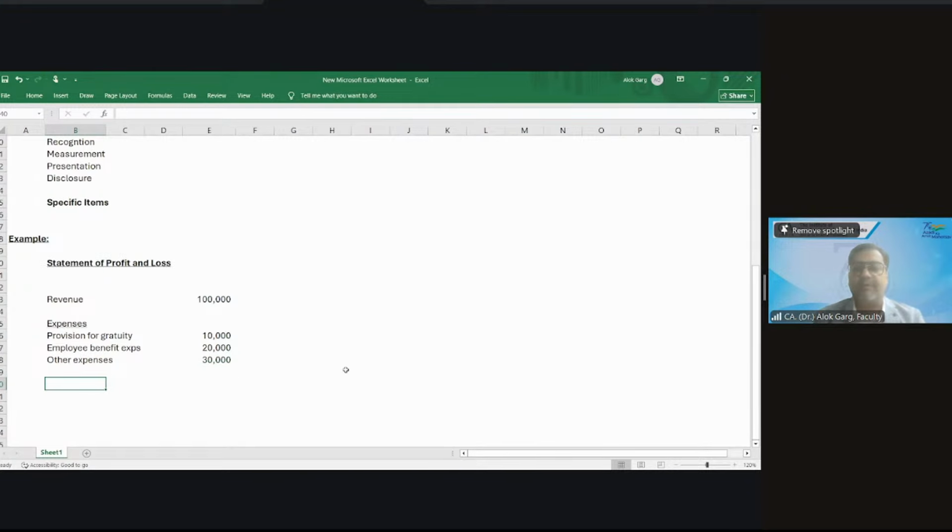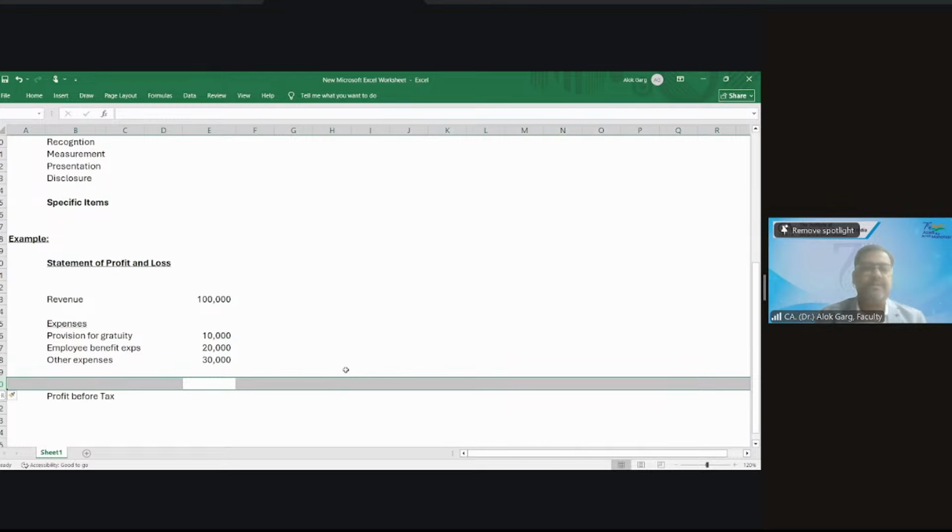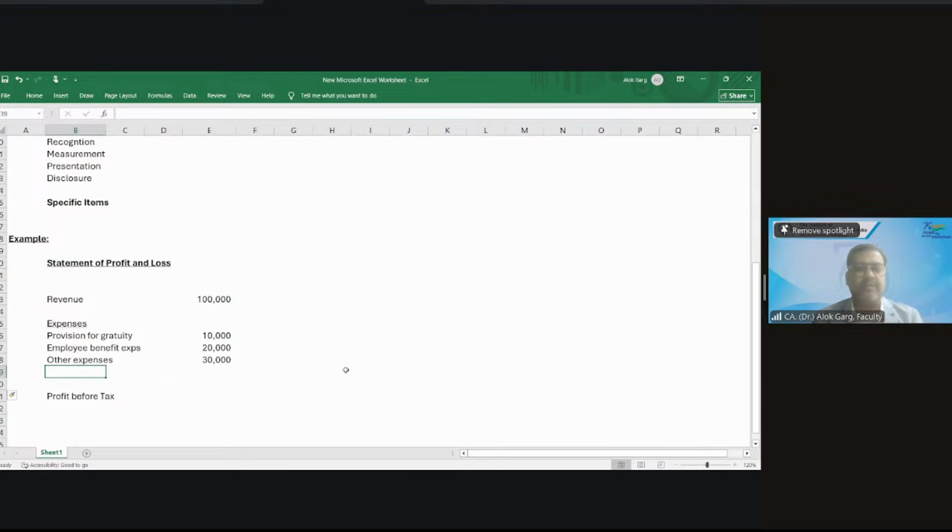So what is my profit before taxes, PBT? 40,000. Total expense, let me write this as total expense, and my profit before tax is this minus this. 40,000 is my profit before tax, right?